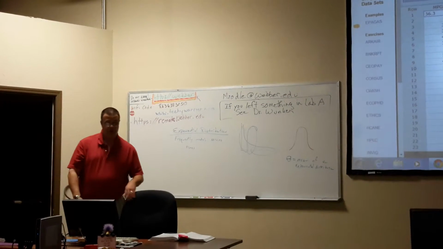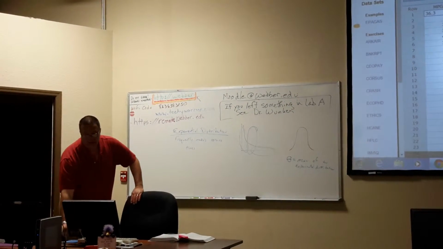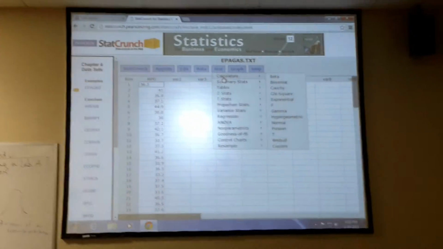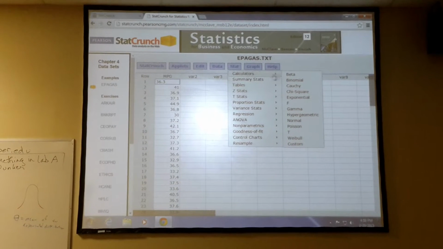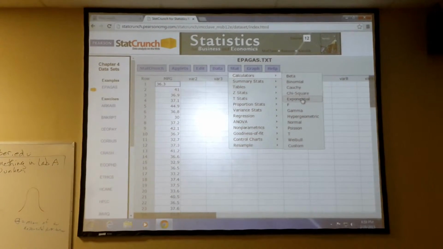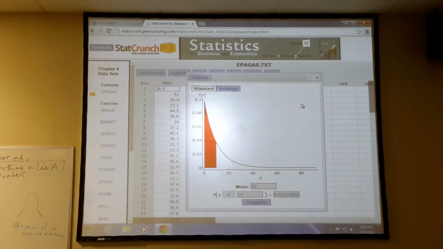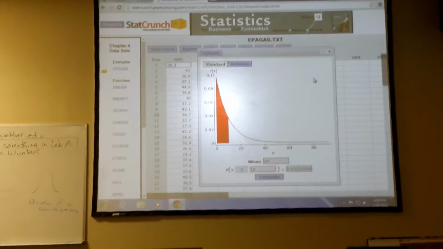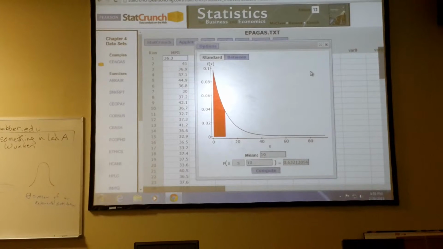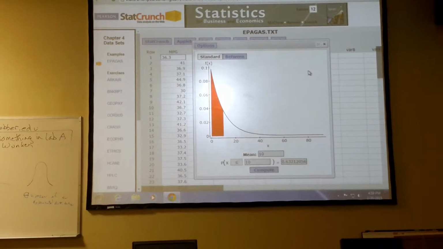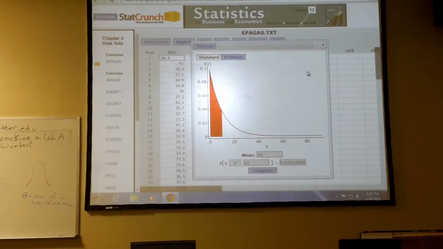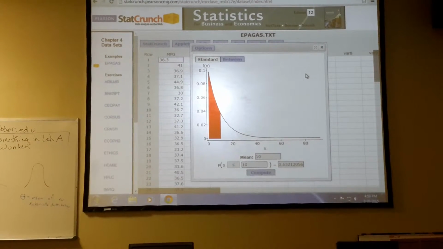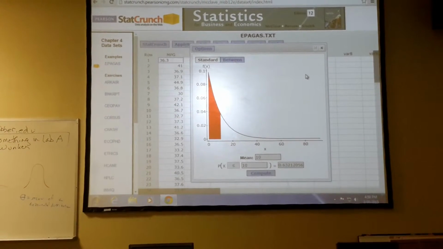All right, so we'll go to Stat and Calculators, and then we're going to choose our exponential calculator here. You can see our diagram does have that look of the bottom half of a C. Let's say that we're talking about an example where we're going through an airline security checkpoint.